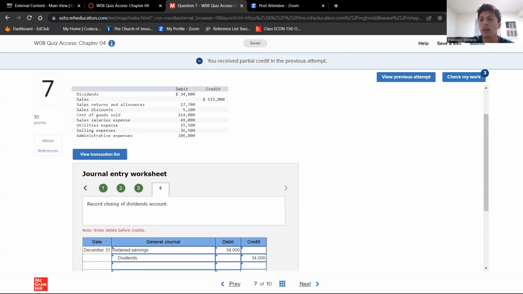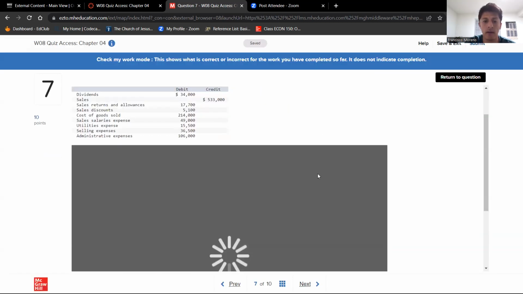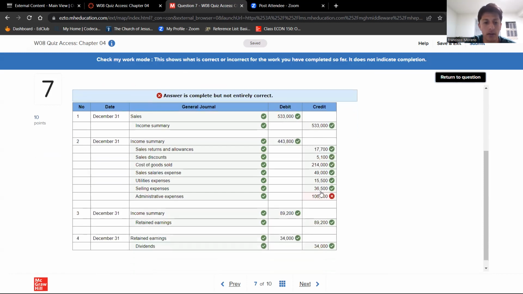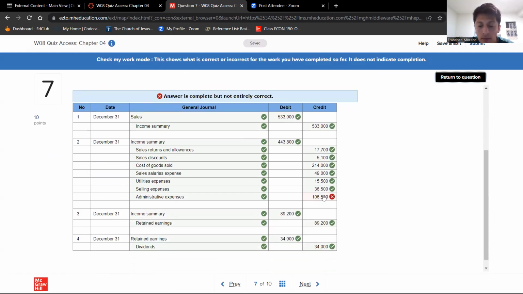Let's see if we got it right. We probably mistyped something there, but besides that, we got the right total amount. Let's see what happened there. Administrative expenses.